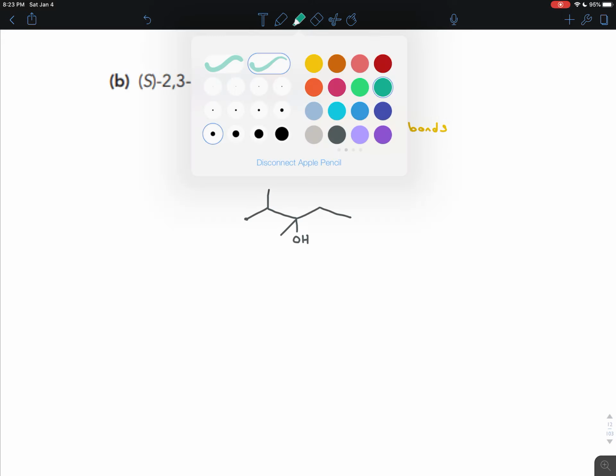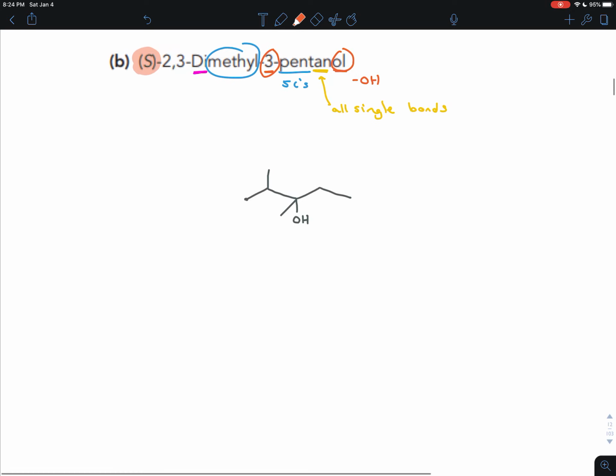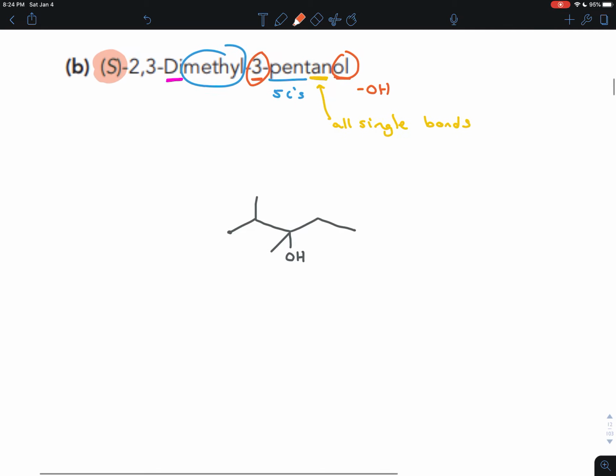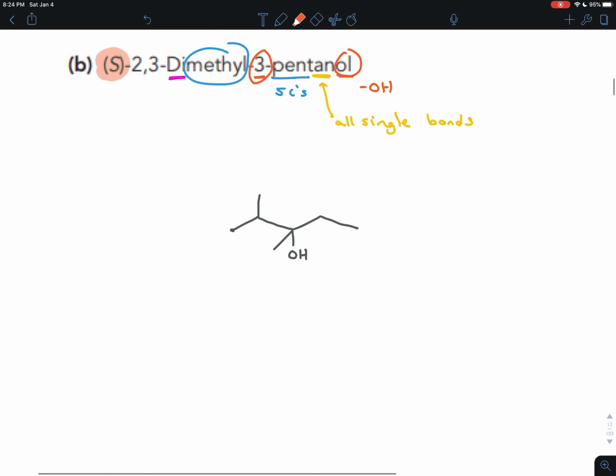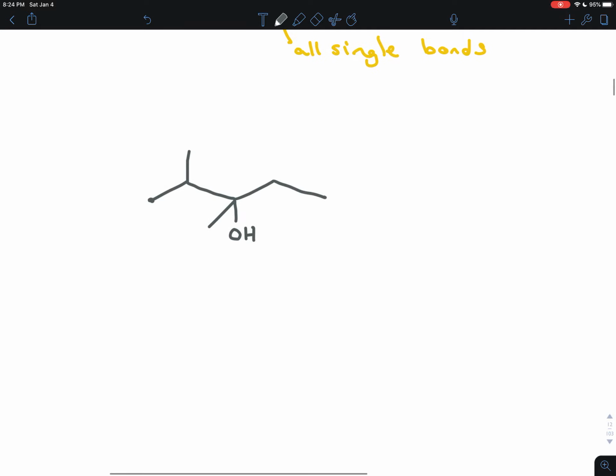But we're not completely out of the woods because we still have this S here. So we need to make sure that wherever the chiral center is in this molecule, and they don't tell us because there's only 1, wherever it is, it needs to be an S. So which carbon here is bonded to 4 different groups? It might help a little bit to draw the hydrogens in.